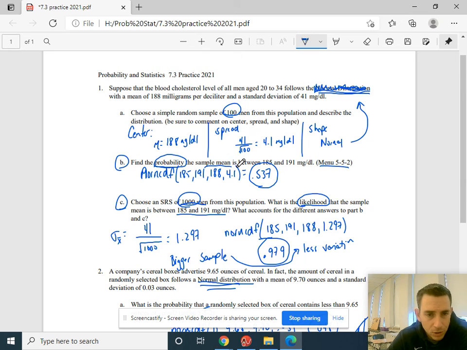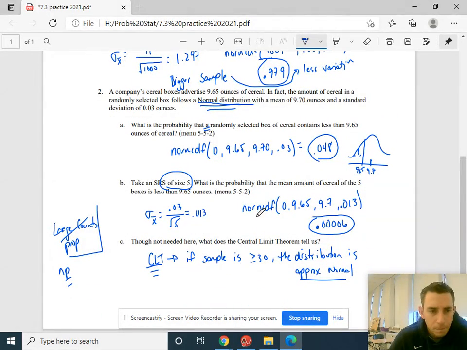So we would have been able to do norm CDF for this problem because of the central limit theorem. For this problem, if this was left out, we wouldn't be able to say it's approximately normal because the sample size is only 5.